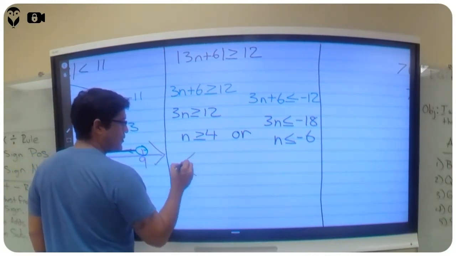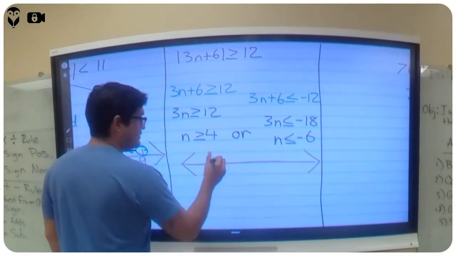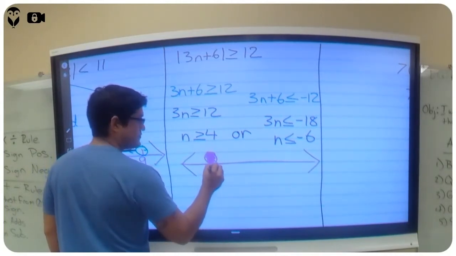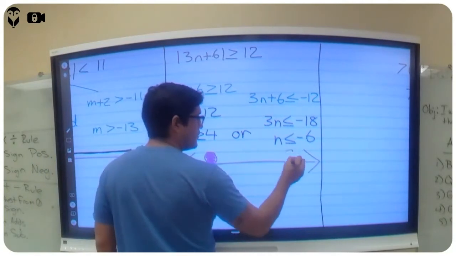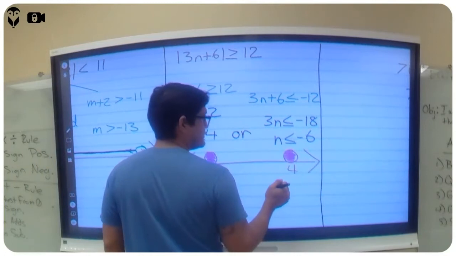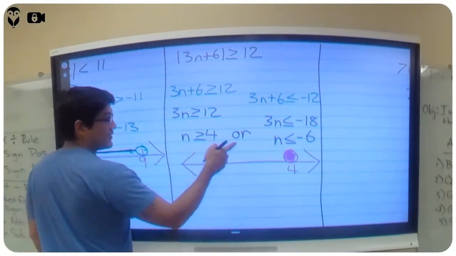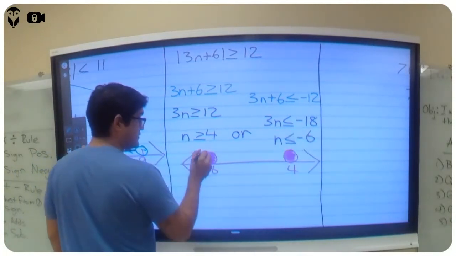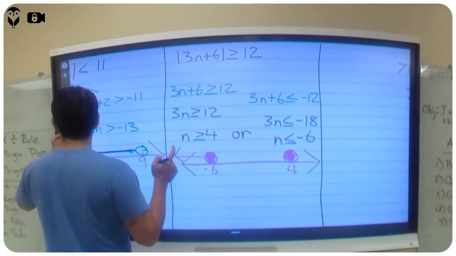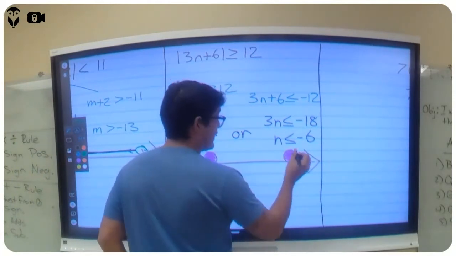This one's going to be negative 6 over here, and it's filled in. And the 4 is also filled in. And this one is n is less than or equal to negative 6, so less than will be this way. And the other one comes out to be n is greater than or equal to 4.